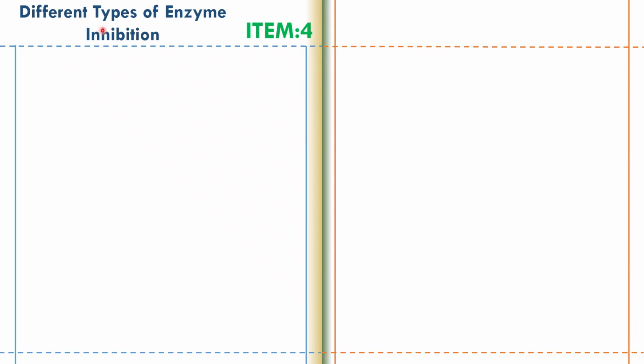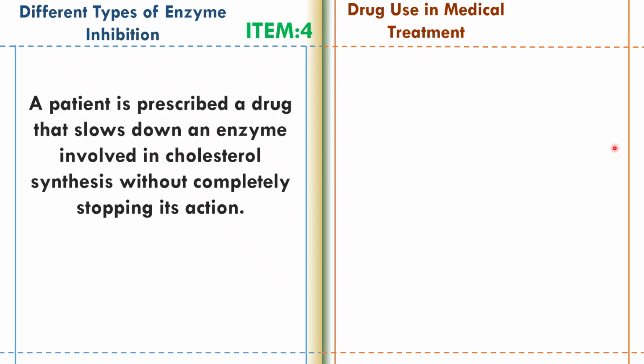Still under different types of enzyme inhibition, item 4. Let's now look at drug use in medical treatment. A patient is prescribed a drug that slows down an enzyme involved in cholesterol synthesis without completely stopping its action.